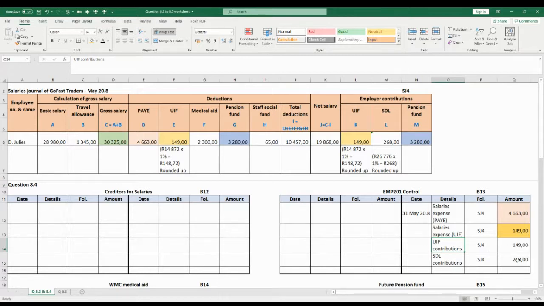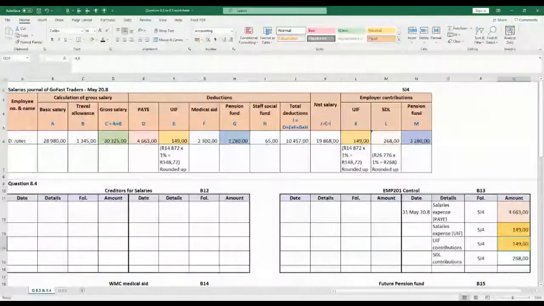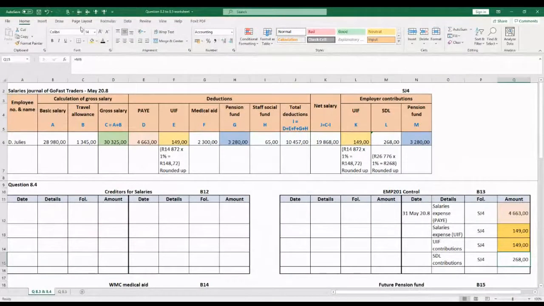So these bottom two ones, we have to do an equivalent expense account to bring in the expense as well as the liability. So that is also the little yellow, and this one, let's make it a light green.